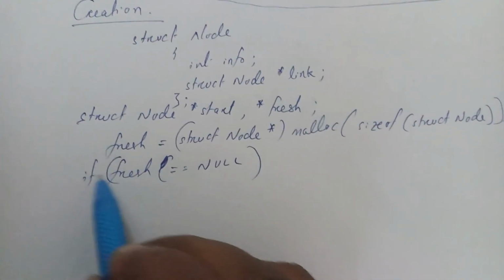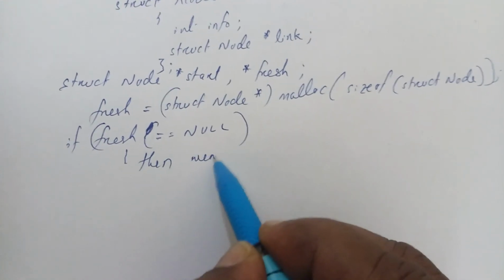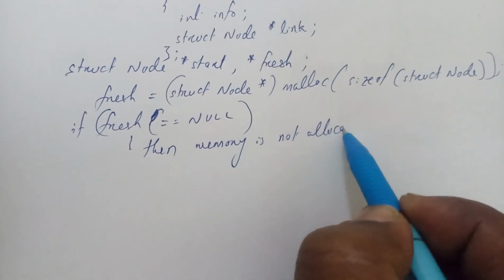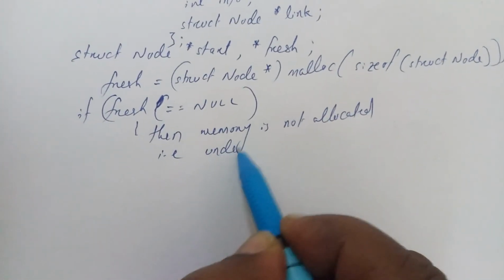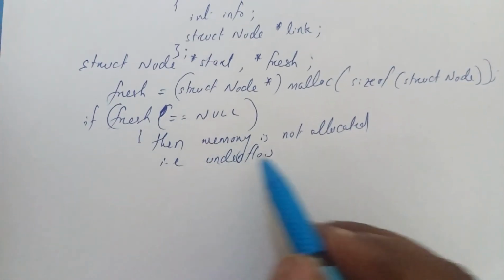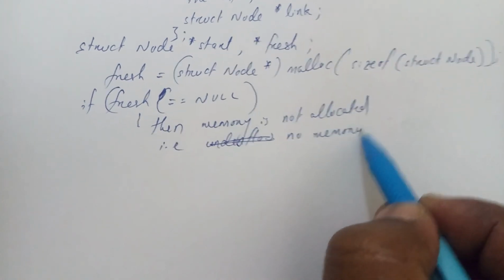If fresh equals null, that means what? Memory is not allocated. That is an underflow condition, or you can say that no memory is left.